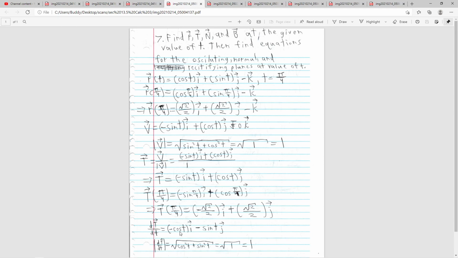We have negative cosine t i. No, we have to find T. So T is negative sine t plus cosine t.